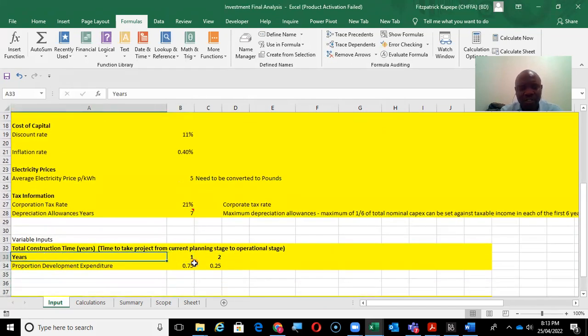So we have been told on the developmental cost that 75% of your capex will be used in the first year, then 25% in the second year. Fair play, it's okay.